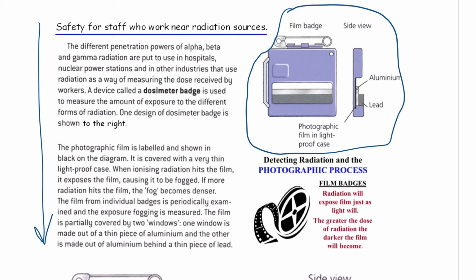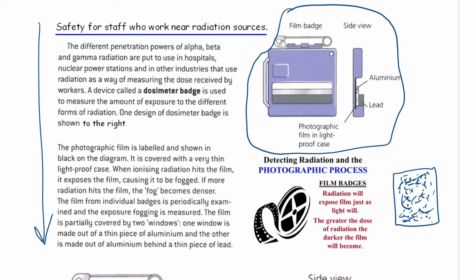So the way in which this badge or dosimeter works is that inside it you've got some photographic film, and the more the film is exposed to radiation, the darker it will get. Every time some radiation collides with the photographic film, it gets darker and darker.